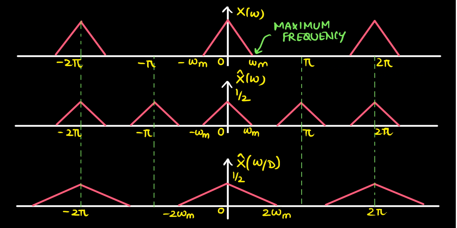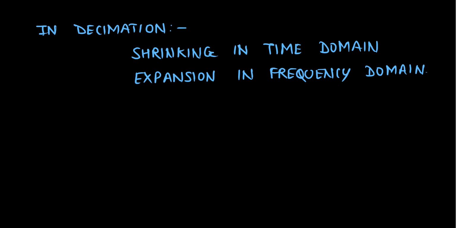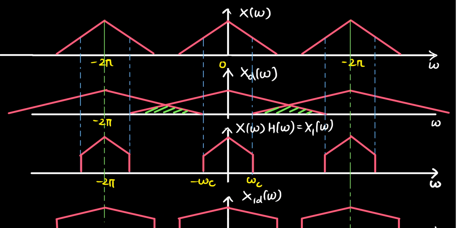So we have observed that this expansion is being observed in the frequency domain. Now it may happen that the decimation factor is such that this expansion happens in such a way that this maximum frequency exceeds this point, which means that we have a scenario which is something like this.